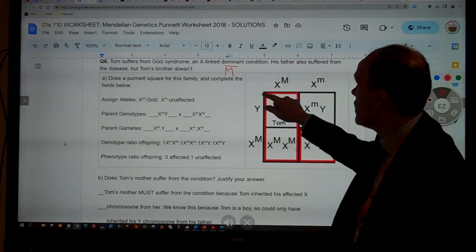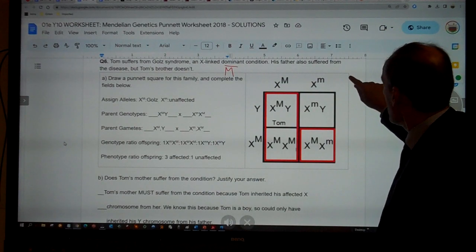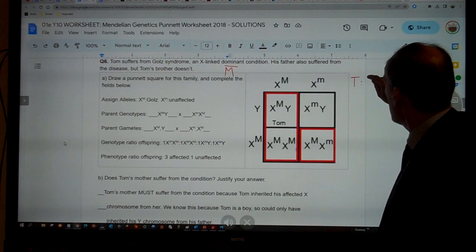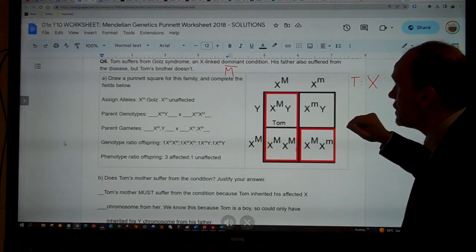So Tom's genotype must be X. He suffers from the condition.